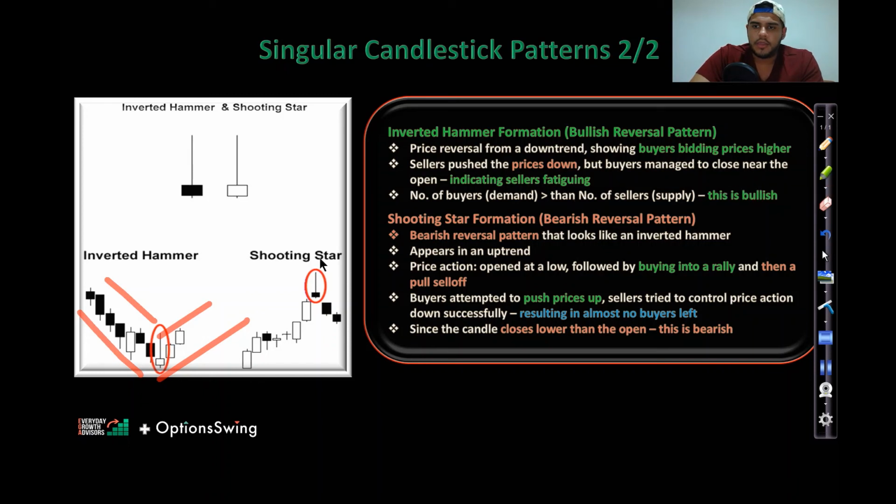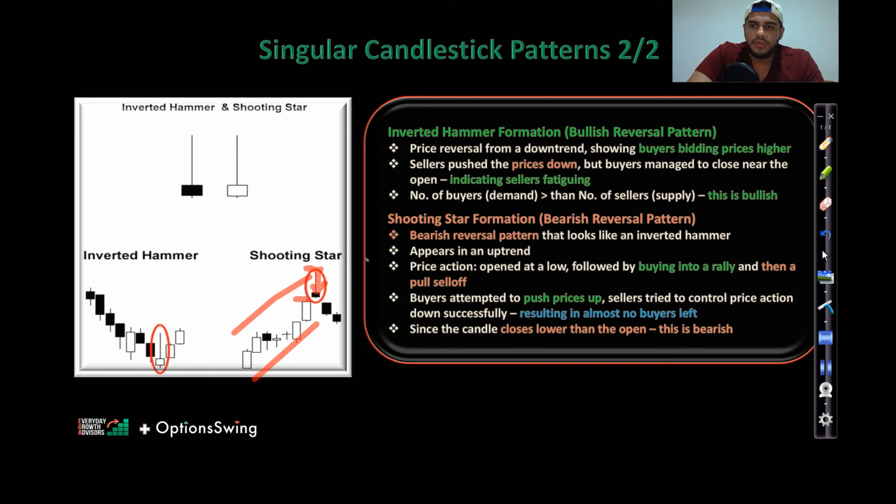And then the next one that you want to look for is called the shooting star, which appears on the end of an uptrend. The shooting star basically looks like this, and it will appear on the top. It indicates price action opening at a low, and then you would see people buying into a rally that causes the price to go up here, and then a kind of sell-off, which would mean that bears are controlling this price action.